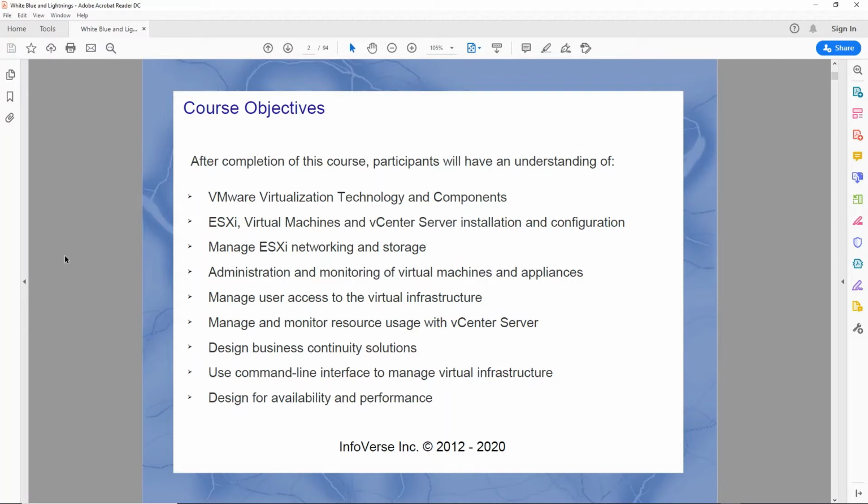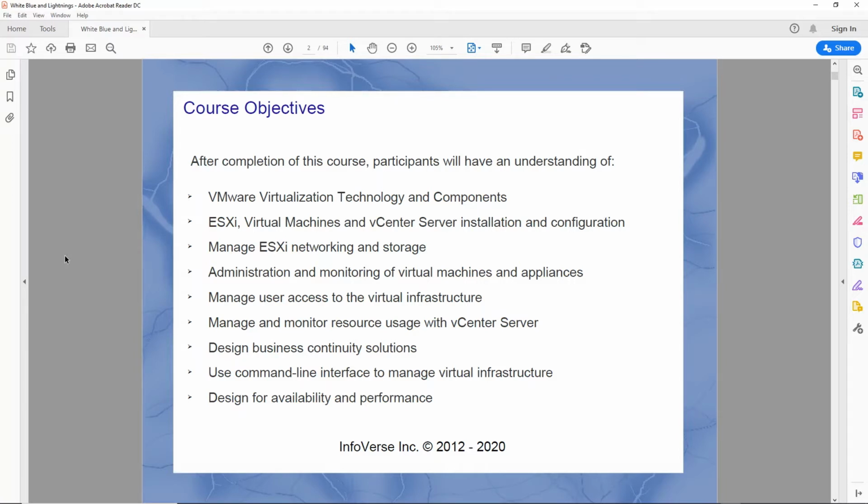Administration and monitoring of virtual machines and appliances, managing user access via command line or web-based tools, managing and monitoring resource usage with vCenter Server as well as the command line.